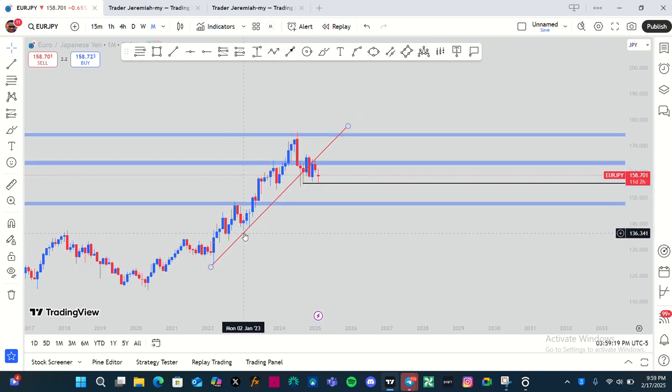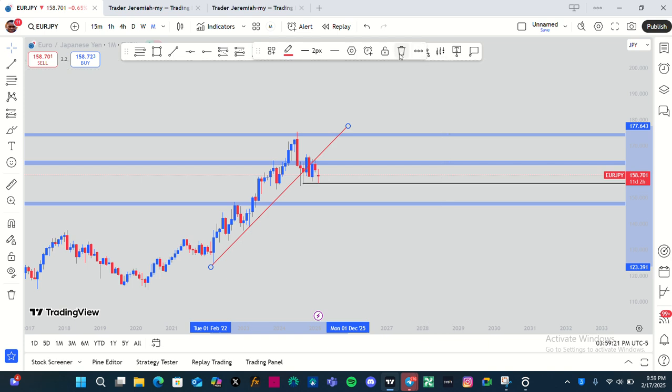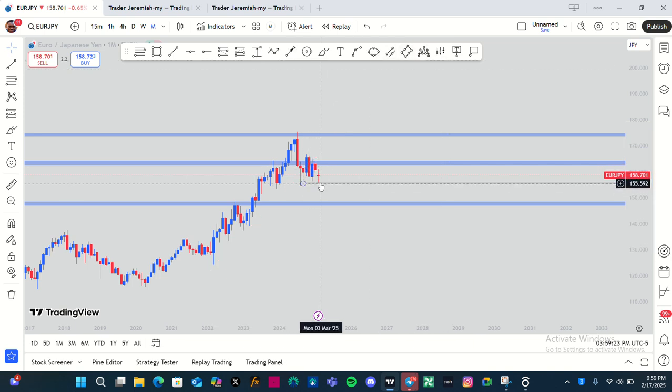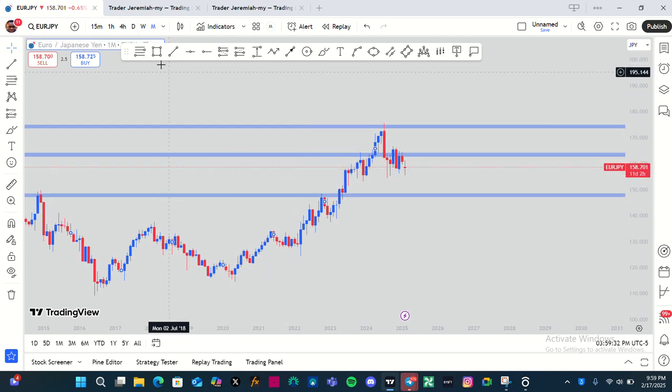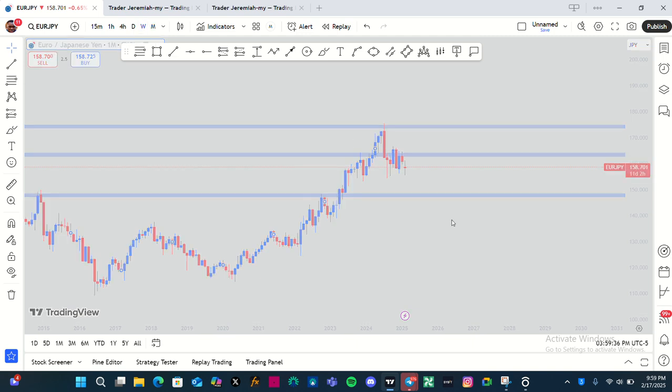So I will just have to delete the trend line and go with market structure, how price is forming, how price is reacting. So now I already know that the overall direction of the market is to the upside. Then I'll be going down to the weekly time frame to see how price is moving.